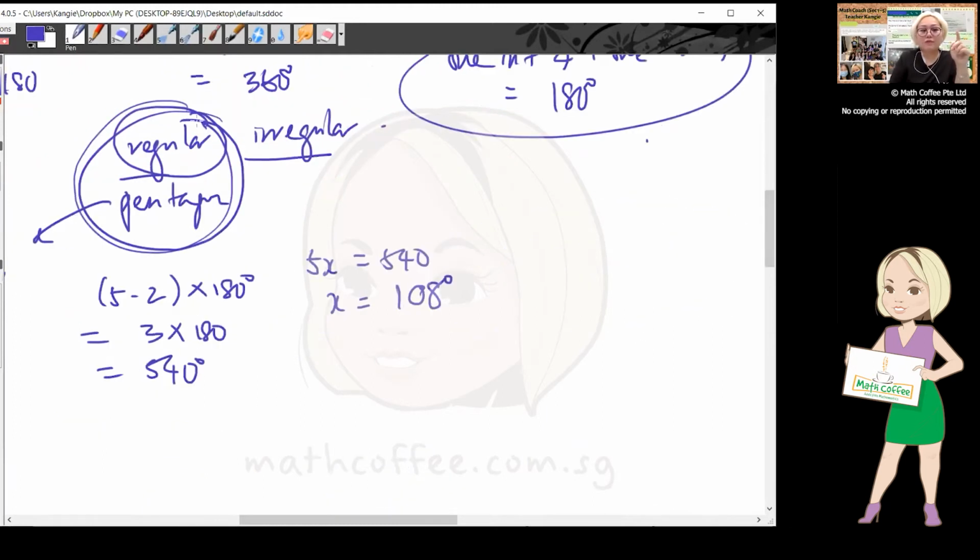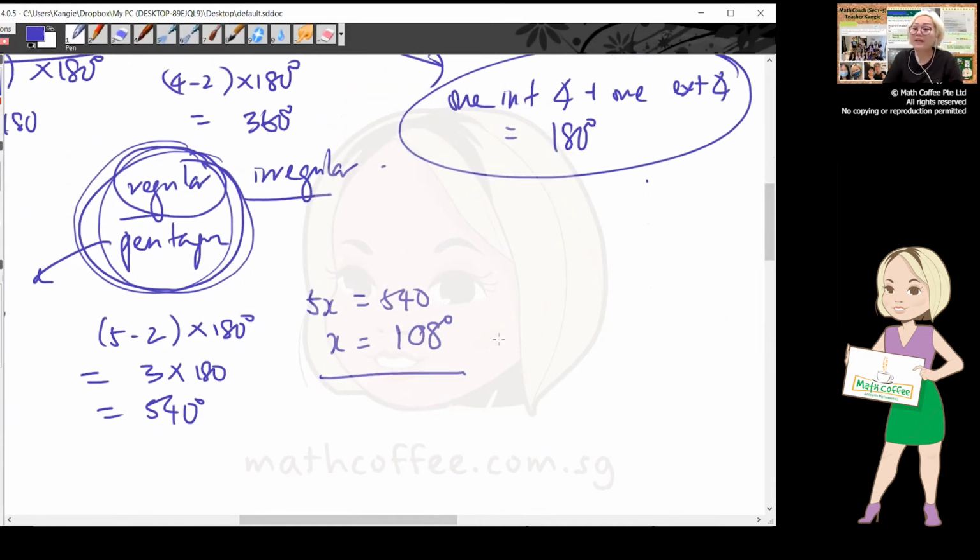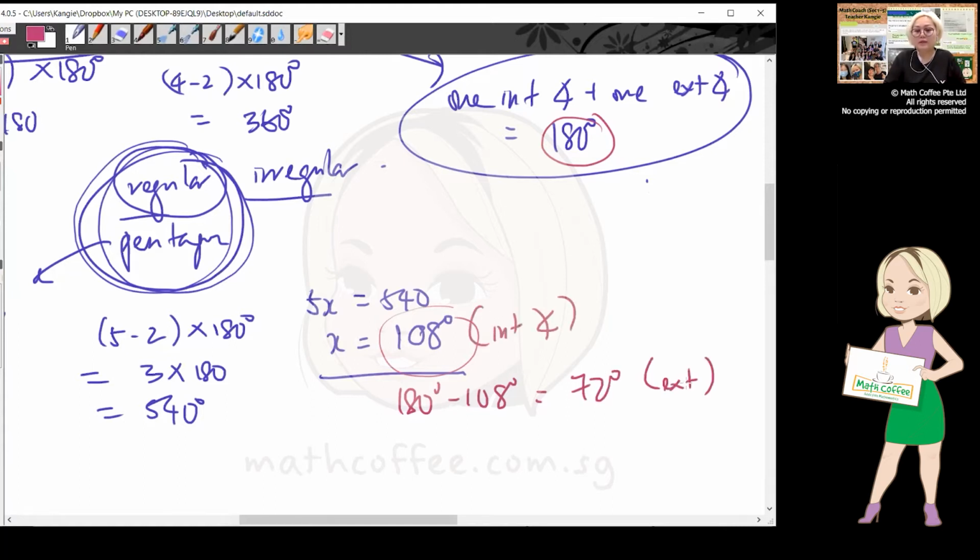In this regular pentagon, you already found one interior angle, which is 108. So to find the exterior angle, you just take 180 degrees minus 108, which is 72 degrees. So this is the interior angle and this is the exterior angle.